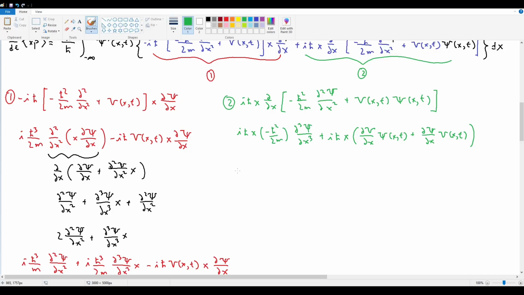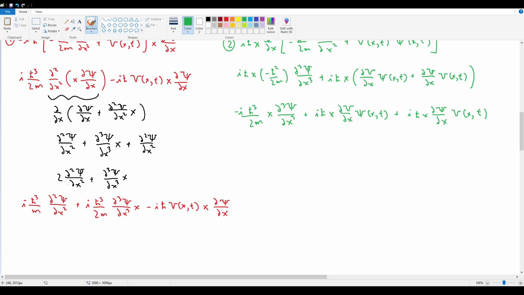Okay, let's simplify out a few expressions. This becomes negative i h bar cubed over 2m times x d3 psi by dx cubed. And then expanding this out, this gets plus i h bar x dv by dx times psi plus i h bar x d psi by dx times v. Okay.